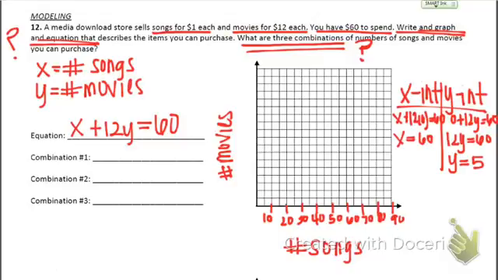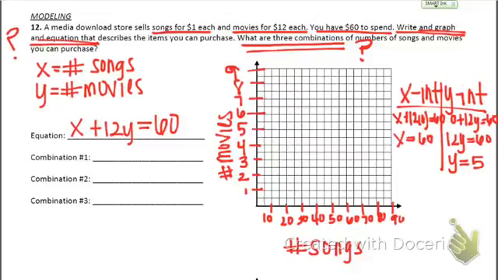I did every other was a 1, so 1, 2, 3, 4, 5, 6, 7, 8, 9. Okay. You can do whatever scale you want, just as long as you are labeling so that I can tell what you did. Okay. So we would graph this using intercepts.